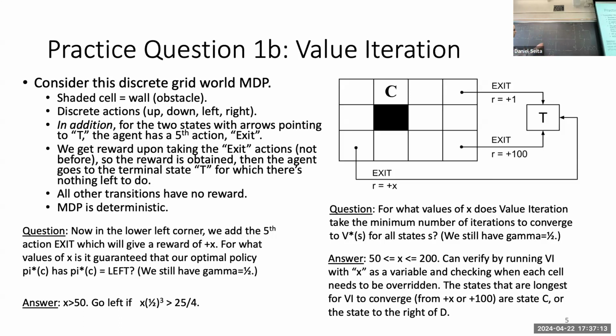What we have here is x/16, and we want this condition to hold. This condition results in x having to be less than or equal to 200. Sorry for the confusion. We just want to make sure that this doesn't get updated.